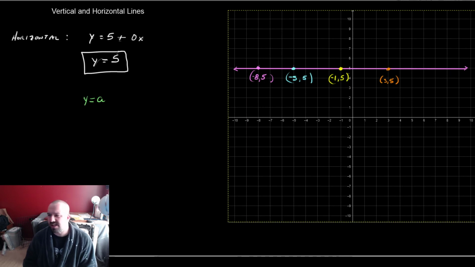I kind of relate the vertical and horizontal lines to a breakup. So if you've ever had an ex-girlfriend or an ex-boyfriend, or, God forbid, an ex-husband or ex-wife, think about this in that regard. Your Y, you're just doing your thing, just cruising along. What's your ex doing? Do you care?